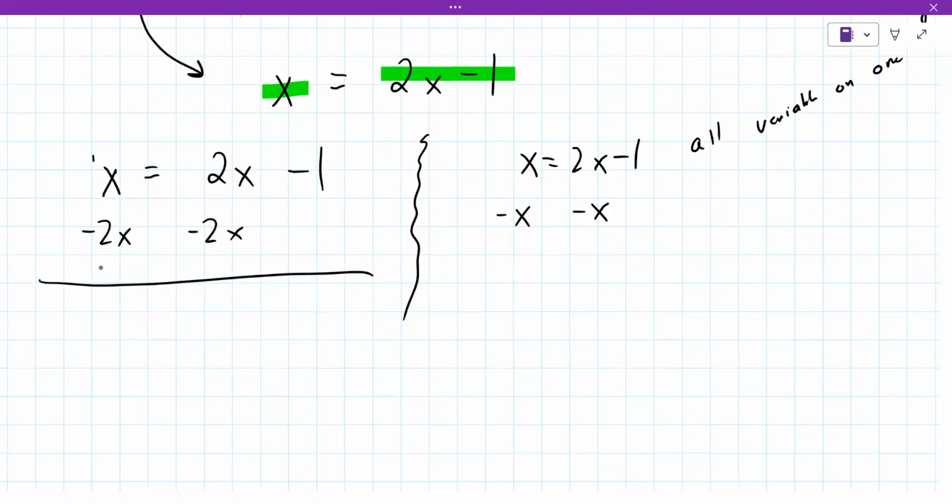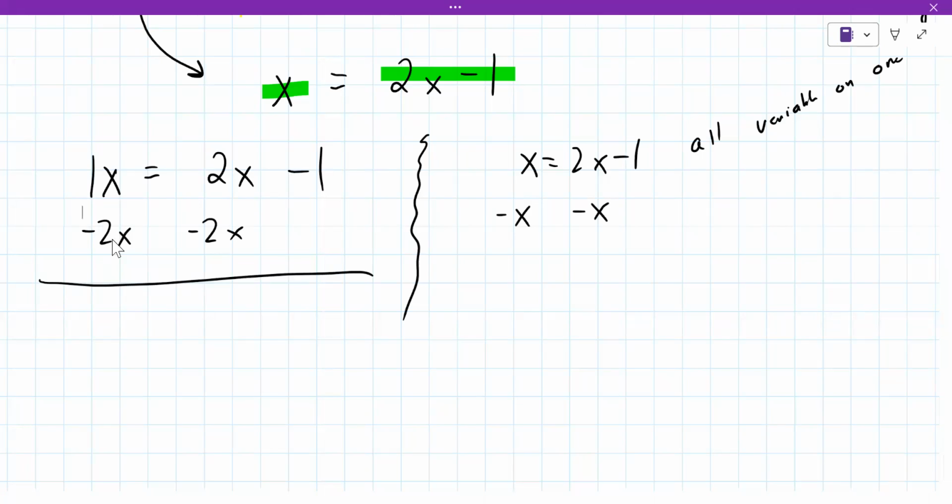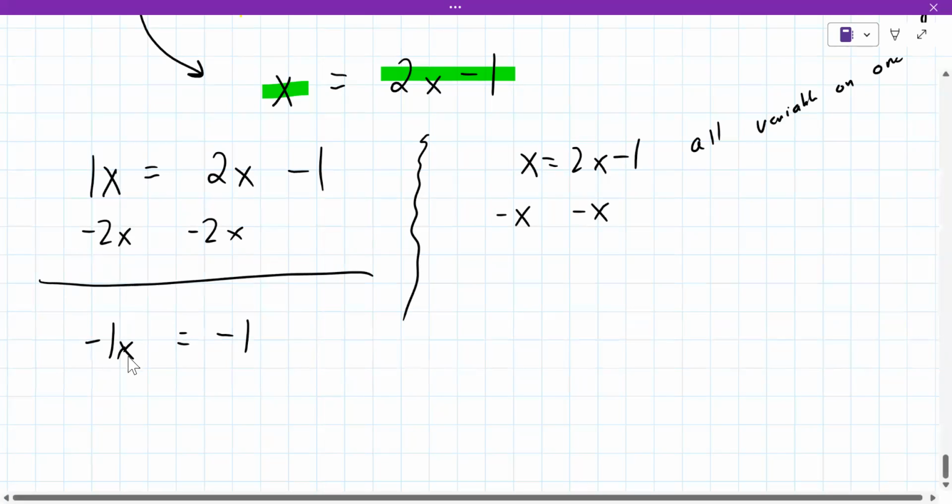Can you tell me what 1x minus 2x is? That would be negative 1x. Negative 1x, good. Equals negative 1. When we say solve for x, we mean get x completely alone, no number in front, not even a negative.